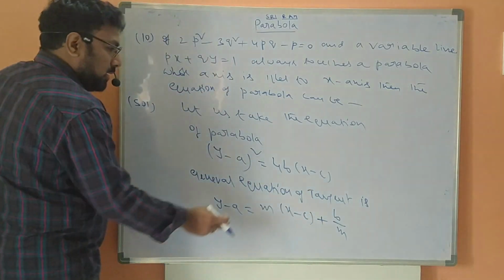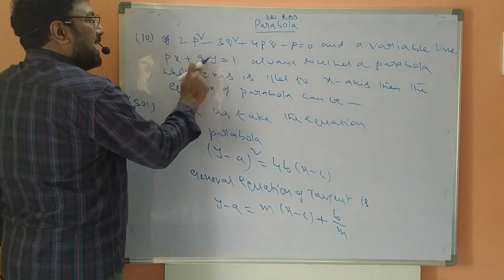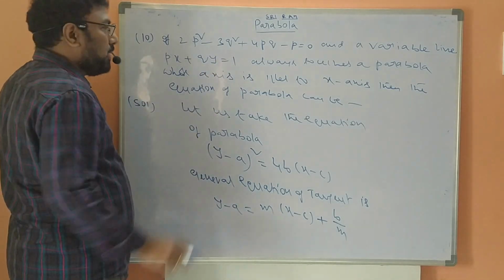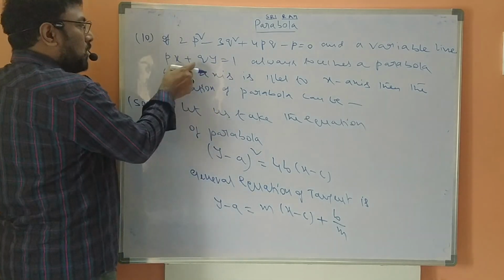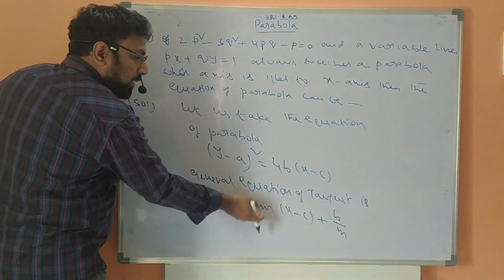Now I can replace m by minus p by q, because what is the slope of the tangent in the given data? px plus qy equal to 1. So here the slope is minus p by q. Substitute m is equal to minus p by q.